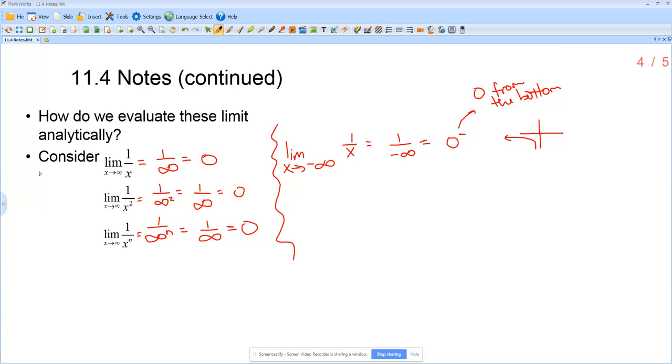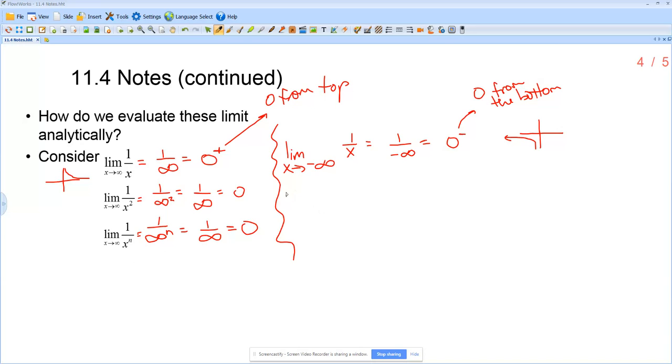Over here, as I'm going towards positive infinity, so infinitely to the right, I'm going to 0. And because this would be positive, I know I'm going to 0 from the top. So this is 0 from the top.